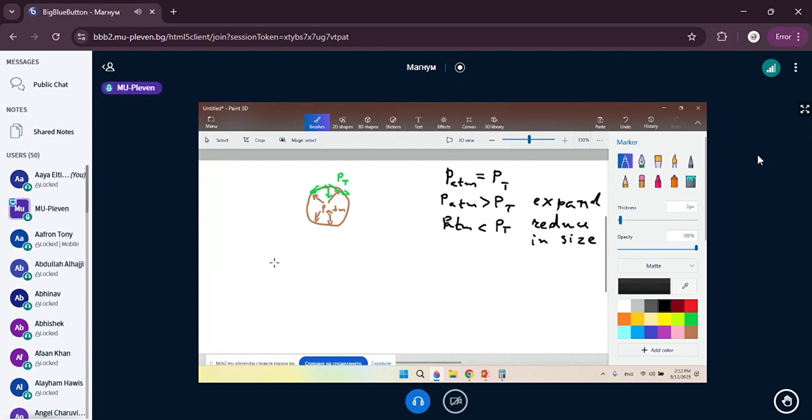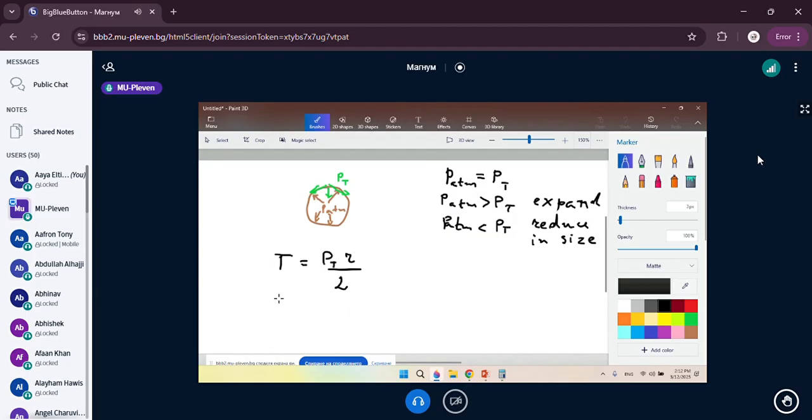So, we know the relationship between pressure and membrane tension, and we studied this in the previous lecture. For a spherical membrane, we've got tension being pressure, I'm going to write here PT, being the pressure related to it, times radius divided by 2.